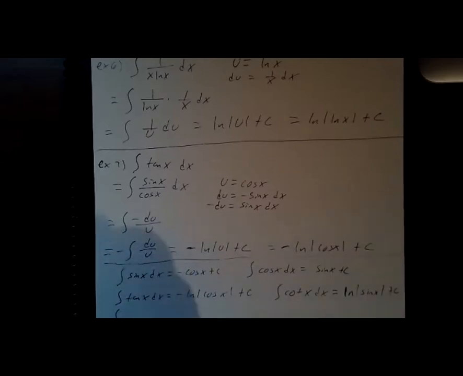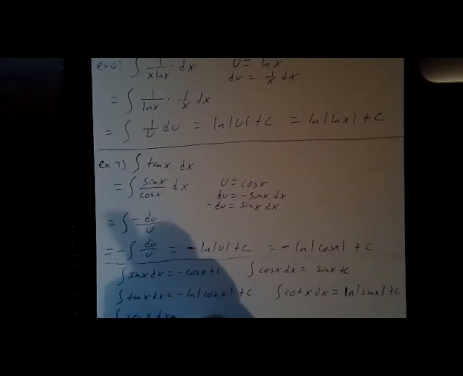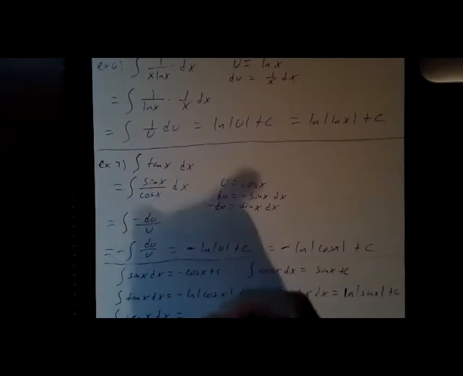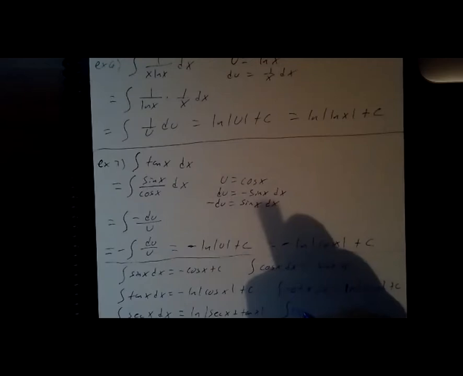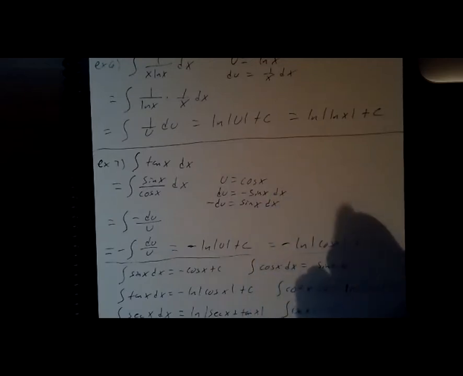Integral of secant. Deriving secant is one of the hard ones, but I won't make you do it. You can use these formulas if you want to. Integral of cosecant is negative ln of cosecant x plus cotangent x.